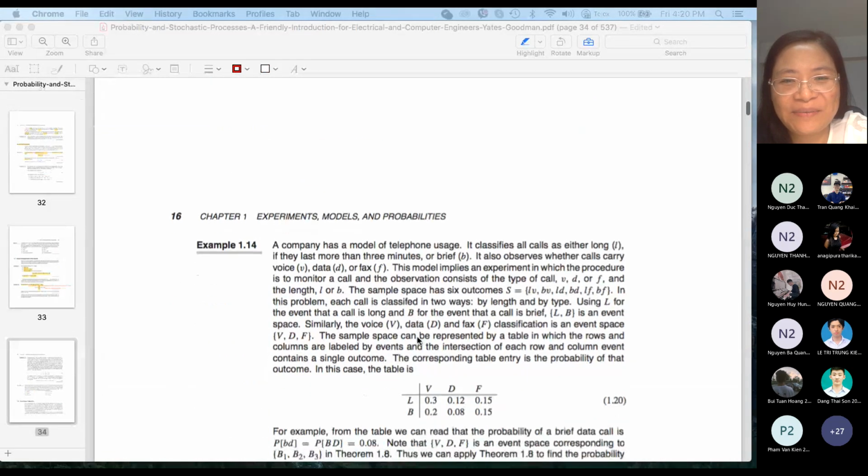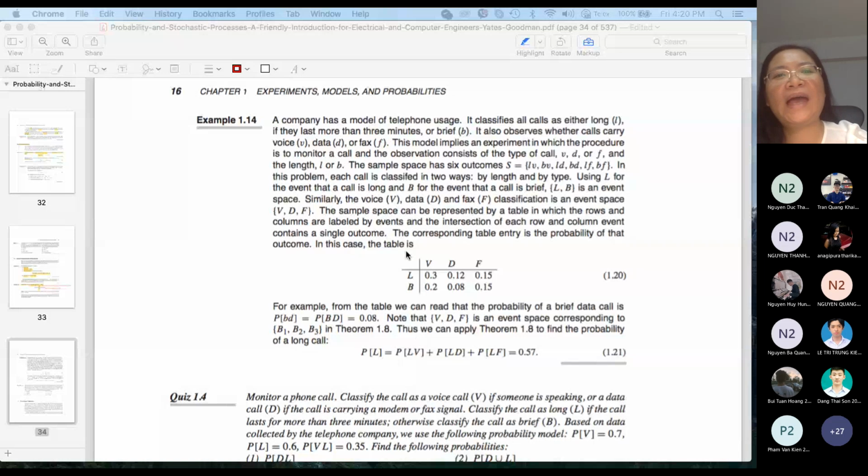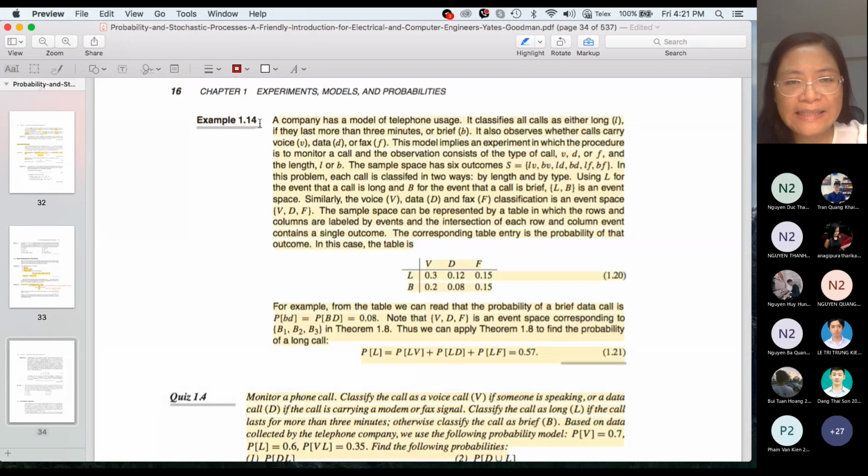Theorem FA. Now we have the example 1.14. A company has a model of telephone use. It classifies calls as long, L, if they last more than 3 minutes, or brief, B, if they last less than 3 minutes.